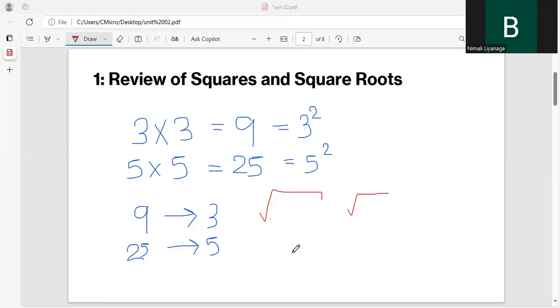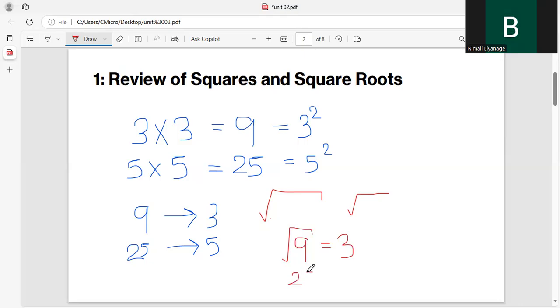So we can rewrite like this. Square root of 9 is equal to 3, since square of 3 is equal to 9. So square root of 9 is equal to 3.